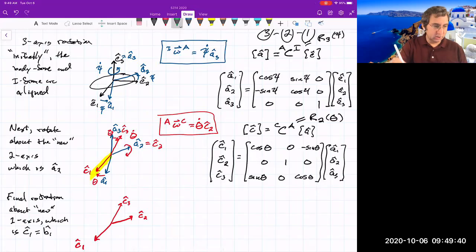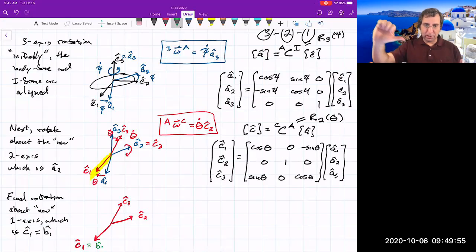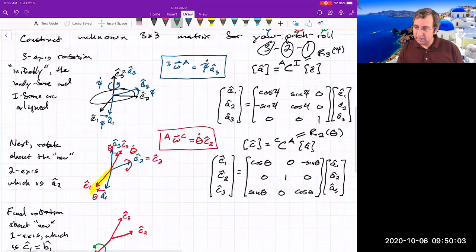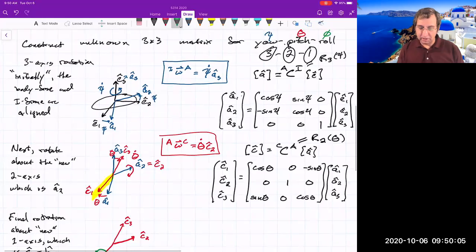Okay, now we're going to the body fixed frame by doing a final rotation about the number 1 axis. So B1, right hand rule, my thumb pointing in this number 1 axis direction, my fingers curl in the direction of a positive rotation. And this angle roll, we're using phi for that.